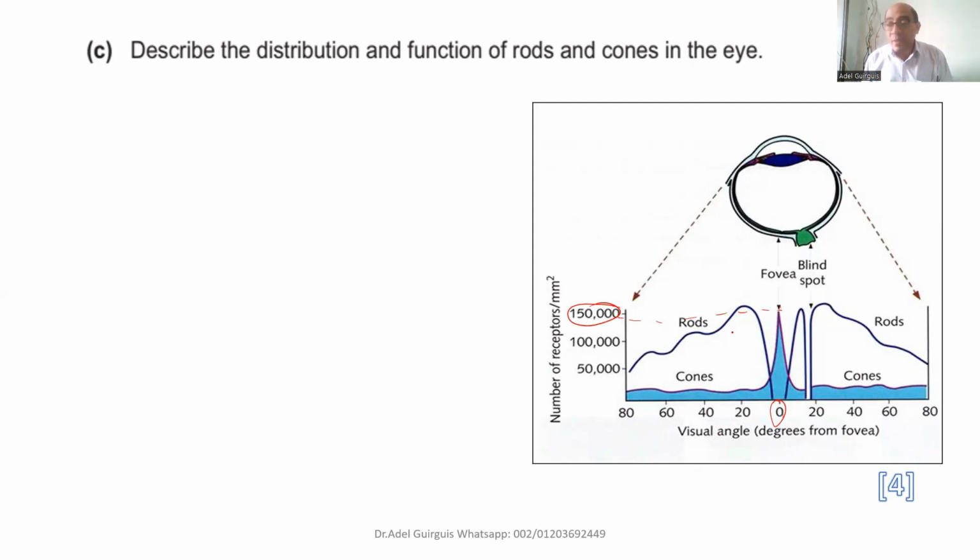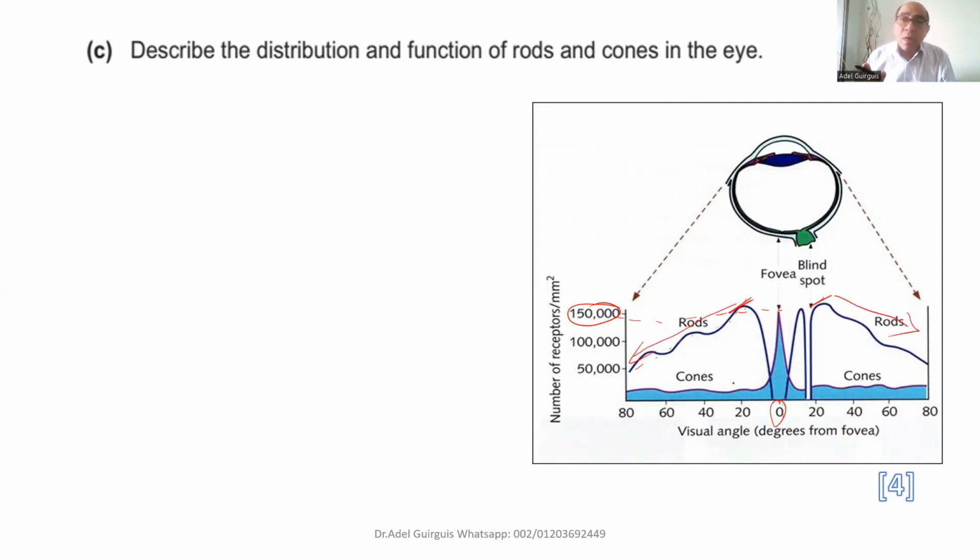No rods. What about rods? Rods are found away from the fovea with decreasing number, from high here and high here, and away from the fovea they decline in number.